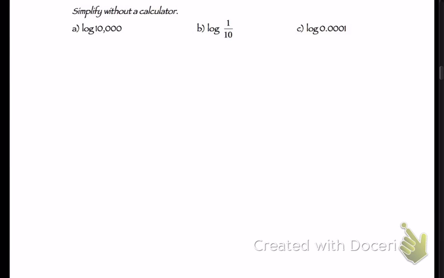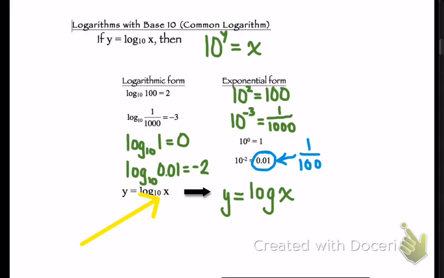Now notice, everybody, it says to simplify this without a calculator, so you better not have your calculator next to you. To simplify it, I'm going to do exactly what I just did on the last page. I'm going to focus my attention on this thing right here and see if I can work in both directions.